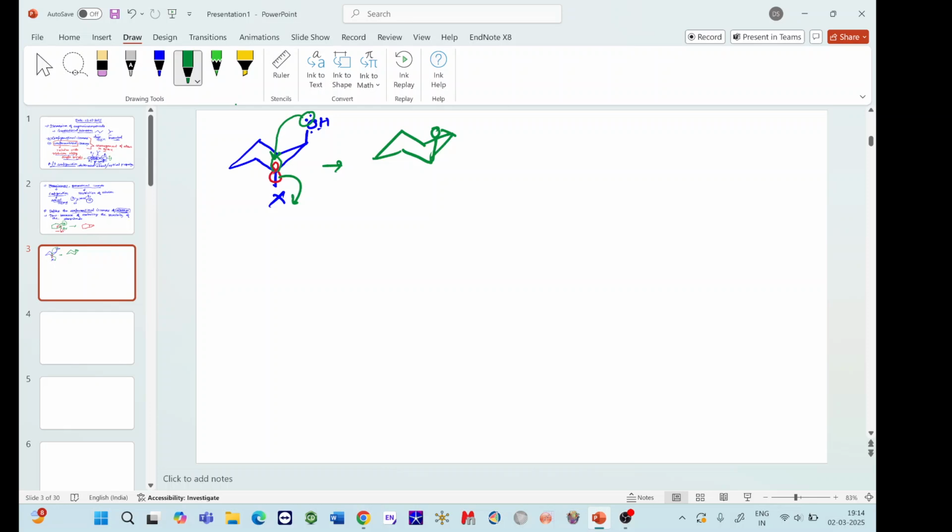So this also depends on the stability of the particular structure. So this all depends on the energy associated with the system.